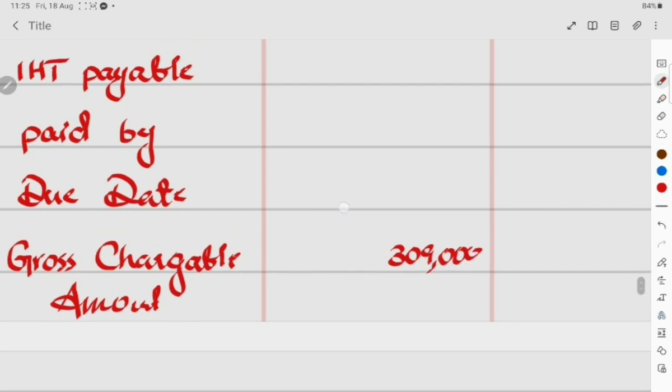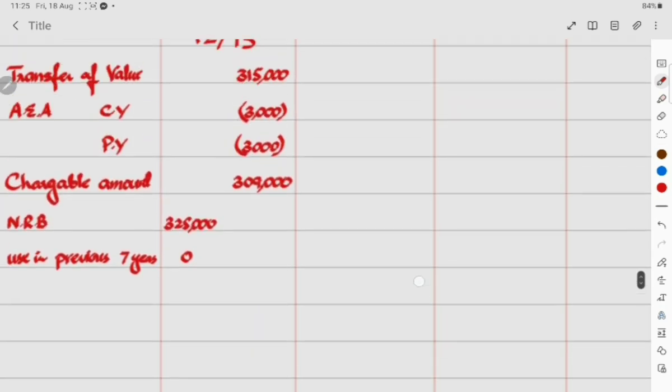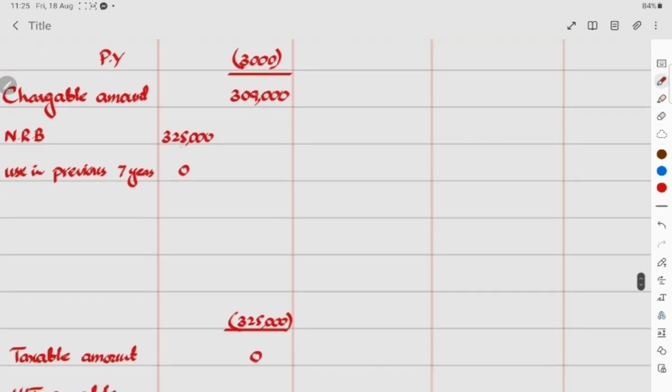So this is for the first gift that we have to consider. Again, see that 3,15,000 is a transfer of value. Annual exempt amount of current year is 3,000. Annual exempt amount of previous year is 3,000 available. So it reduces the amount to 3,09,000. So chargeable amount is 3,09,000. Nil rate band is to be mentioned here on the left hand side, and used in previous 7 years.